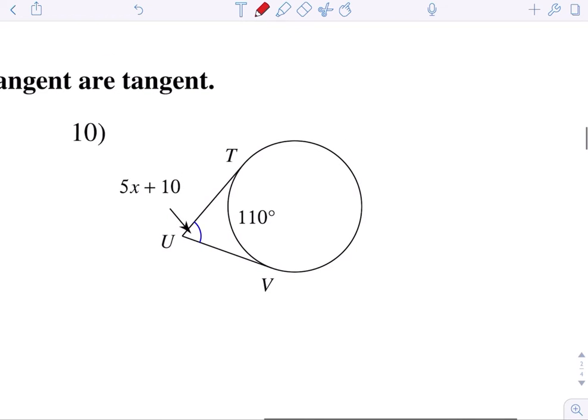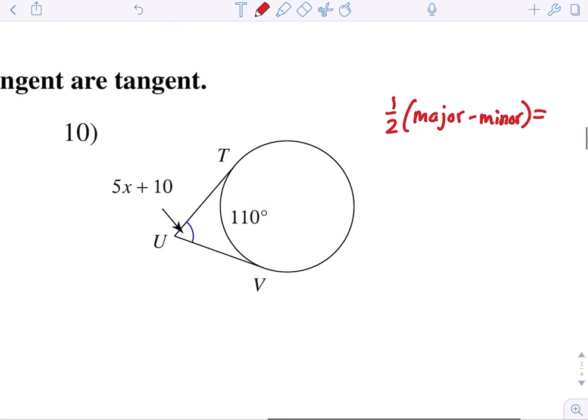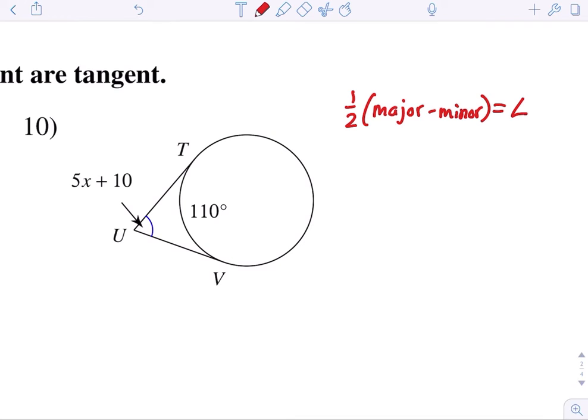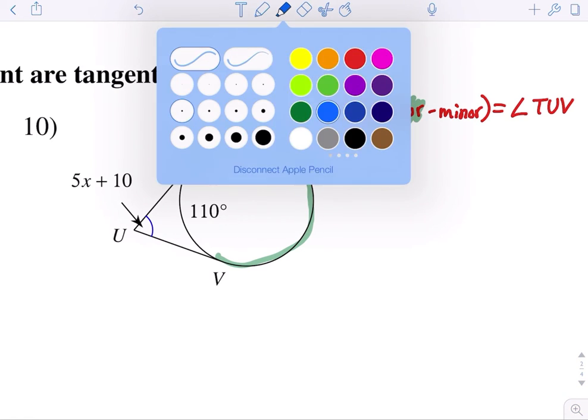Okay, number 10. This is another problem where we have 1/2 the major minus the minor is equal to the angle TUV. All right, so here's the major, and here is the minor.